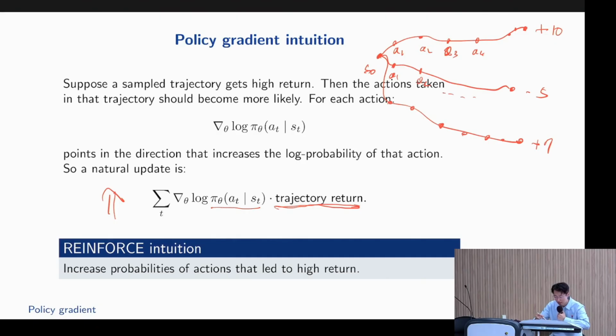So the intuition is you're going to weight by the return of the trajectory. If it resulted in a high return, you want to increase the likelihood of those specific actions. And if it was really bad, we want to decrease the log probability of these actions and moderately increase something in the middle.